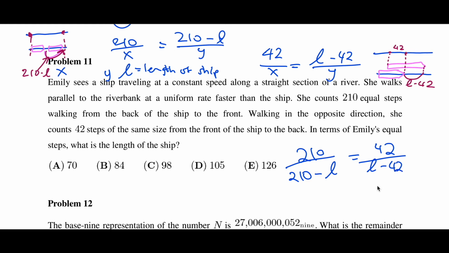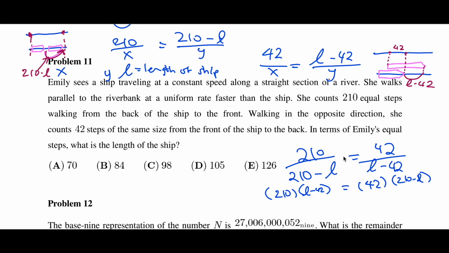And so you can cross multiply them. So you'd get 210 times L minus 42, which is 42 times 210 minus L.